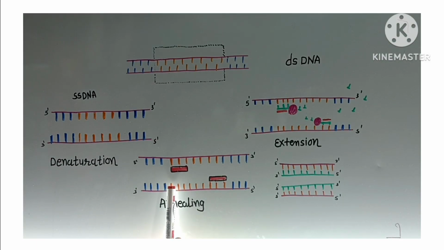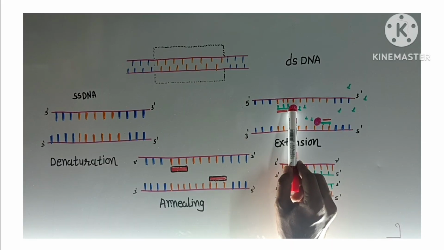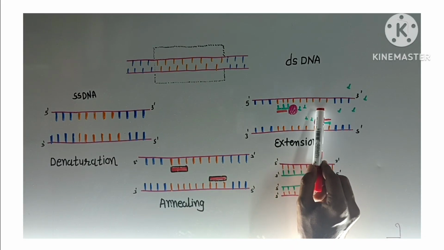In annealing, primers, which are short oligonucleotide sequences of 15 to 20 bases, identify or bind to the target part. So here in annealing, the forward primer and reverse primer bind. Then in extension, DNA polymerase also binds at this site and catalyzes the elongation process.